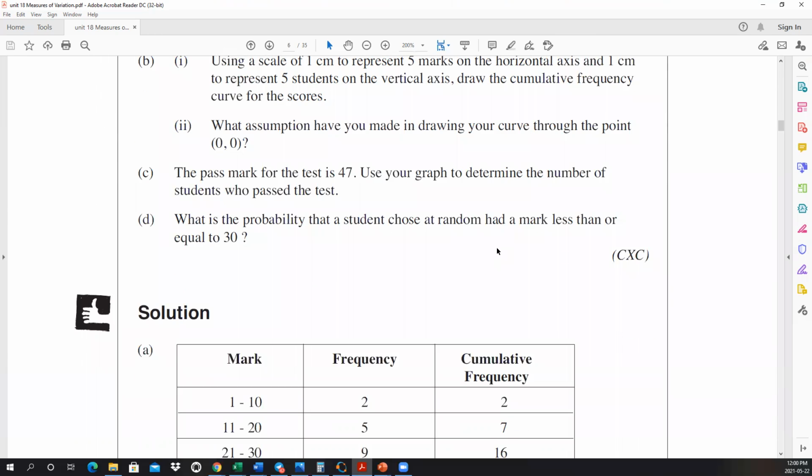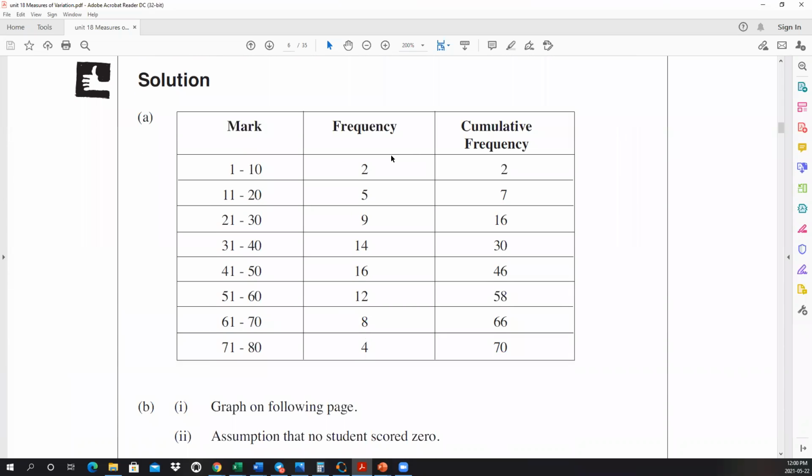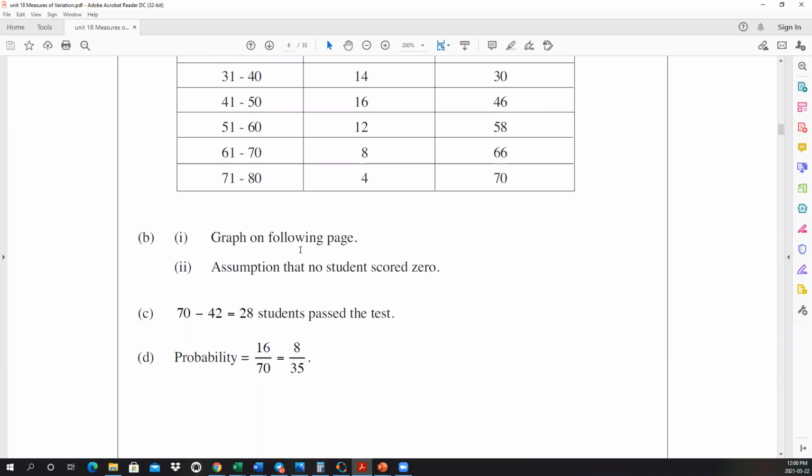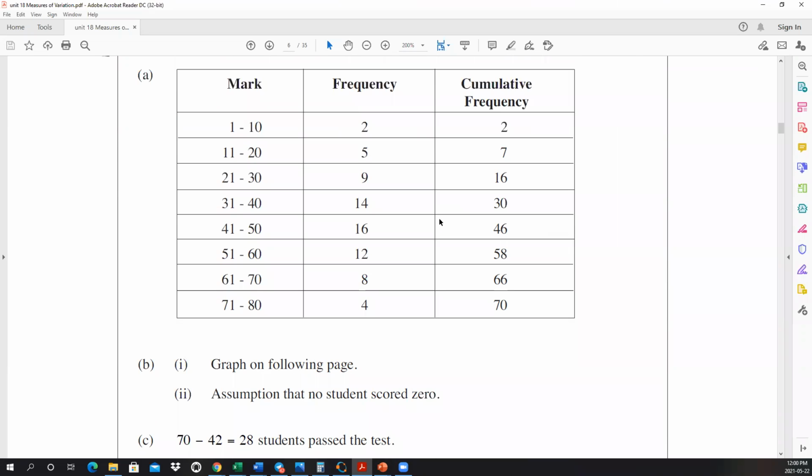What is the probability that a student chosen at random had a mark less than or equal to 30? So you fill out this, 58, yeah, 66, yeah, 66, 70. Your graph on the following page, it's the assumption that no student scored 0.